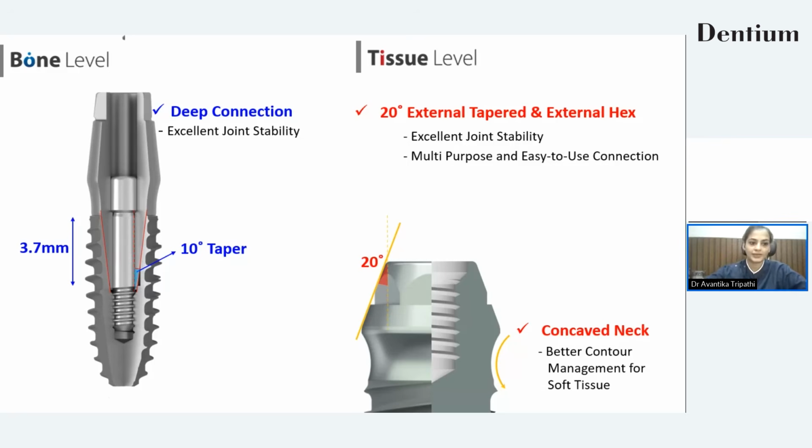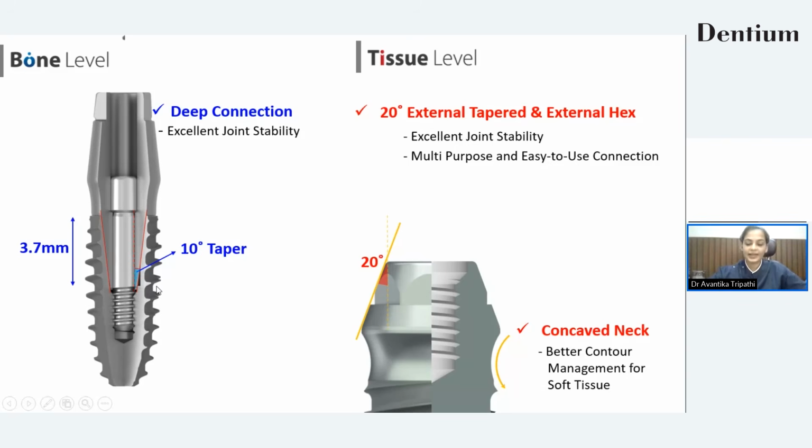As I mentioned, bone level and tissue level implants have different types of connections. One has the internal hexagonal connection and the other has an external hexagonal connection. They look almost the same, but their structure is quite different in terms of the connection.